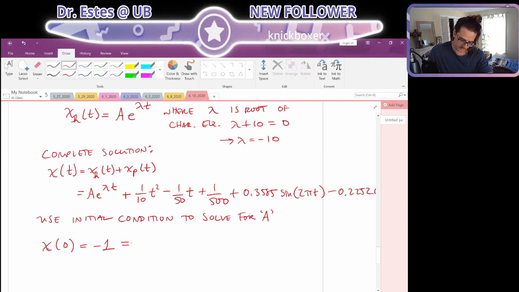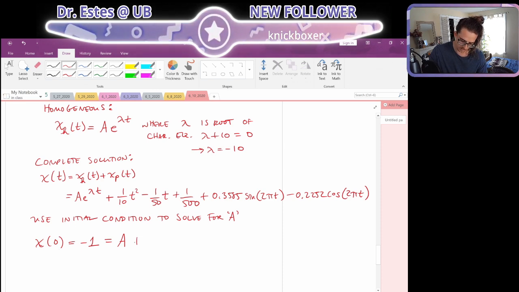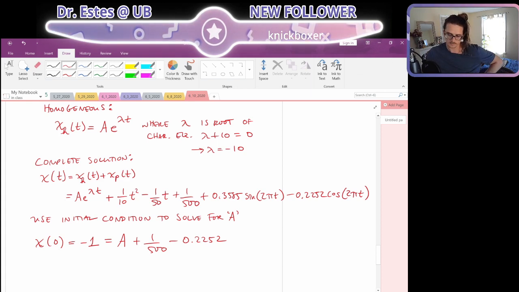So if I plug in time equals 0 into x of t, I'm going to get a plus 0 plus 0 plus 1 over 500 plus 0 minus 0.2252. So I just plugged in t equals 0 into x of t.